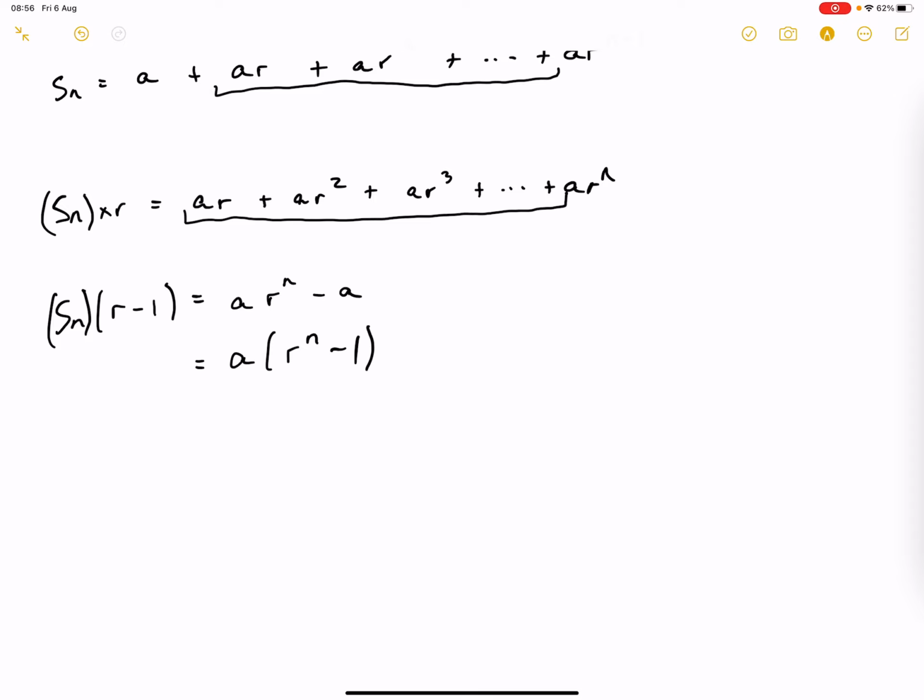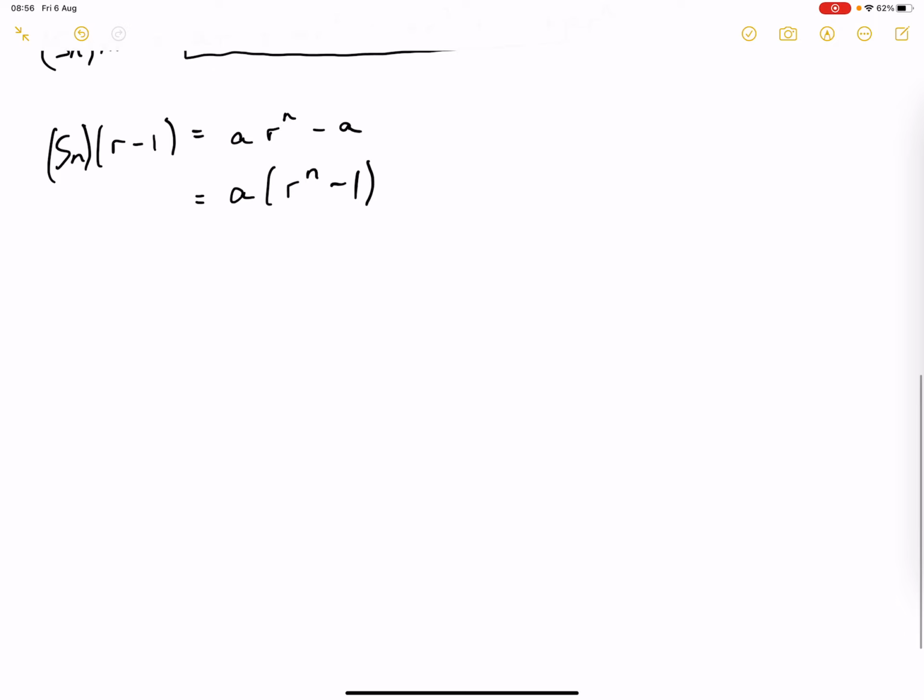Now that's the sum to n times r minus 1. We don't want the r minus 1, we want just the sum to n. So the sum to n is equal to a times r to the n minus 1 over r minus 1, because we've just taken this r minus 1 over to the other side. If you multiply this by minus 1 top and bottom, you can get a more useful form of this formula for r less than 1.